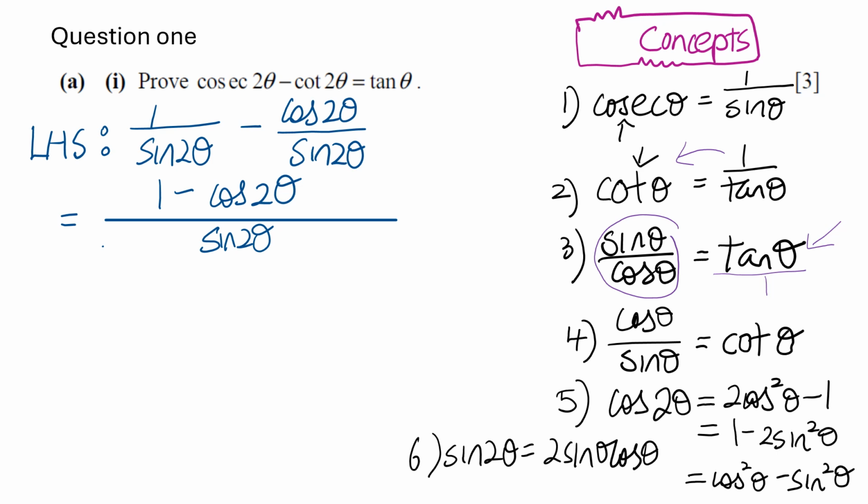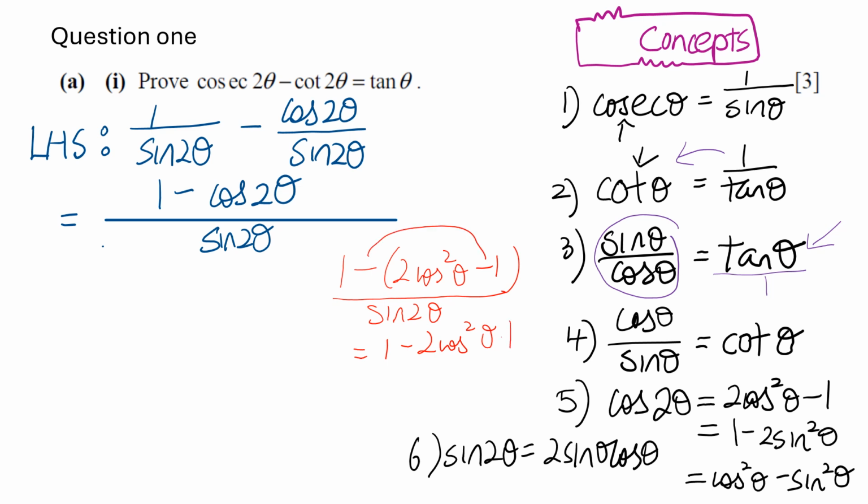You can replace your cos 2 theta with 2 cos squared theta minus 1, or 1 minus 2 sine squared theta, or the last one. So supposing I replace my cos 2 theta with 2 cos squared theta minus 1, make sure you bracket it. If you don't bracket it, then you won't get plus 1.